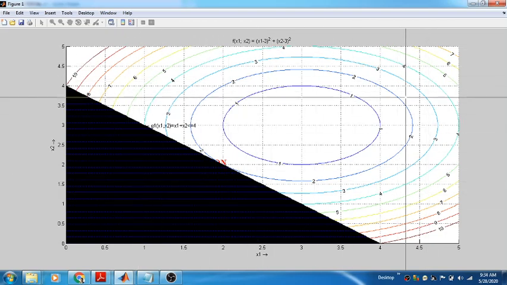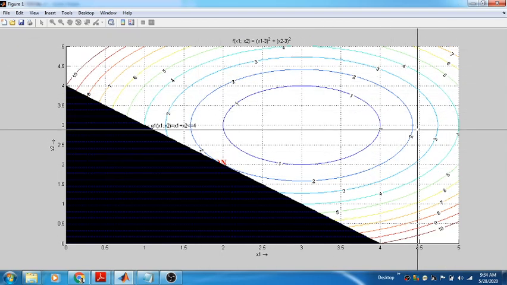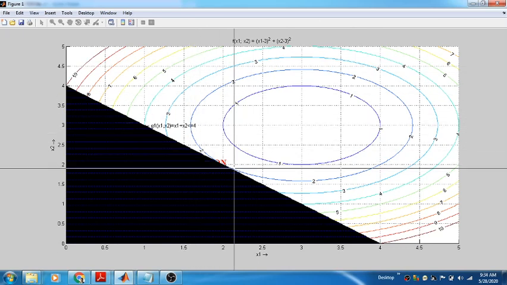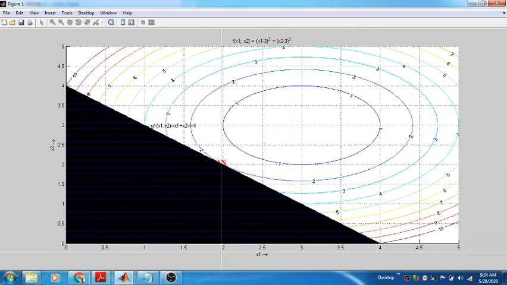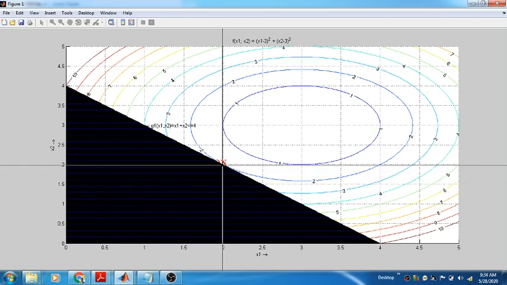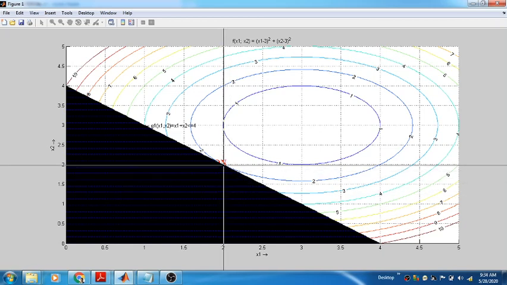The 4 will be the next. So what will be the minimum value of (x1 minus 3) square plus (x2 minus 3) whole square? If you see the two curves, they are touching at 2, here somewhere, right?